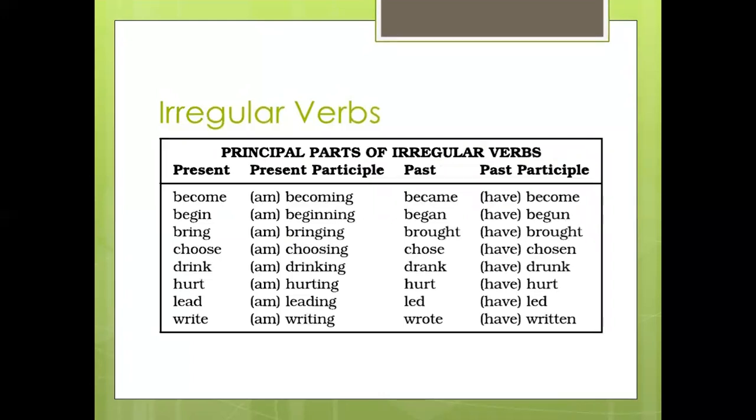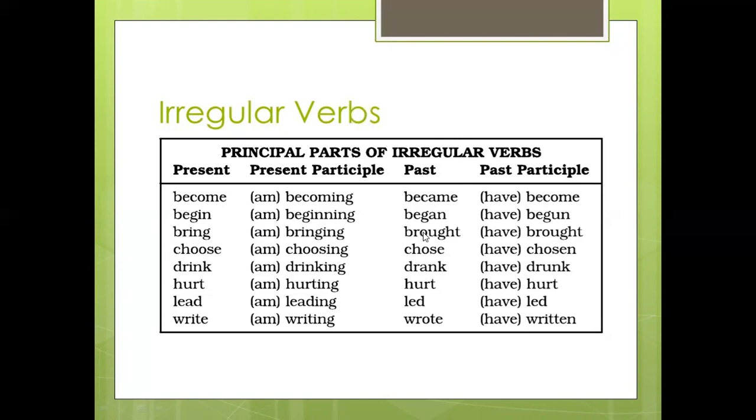Now see. Here you can see they are irregular verbs like become, begin, bring, choose, drink, hurt, lead, and write. Like become is becoming what? Became in past and have become in past participle. Begin, began, and begun. Okay, so the word is totally changing.